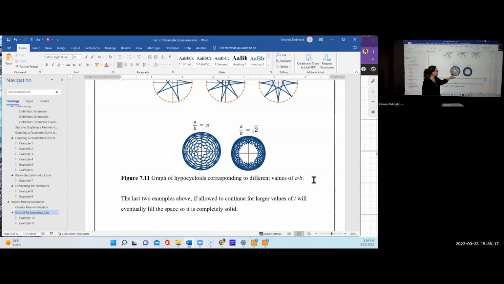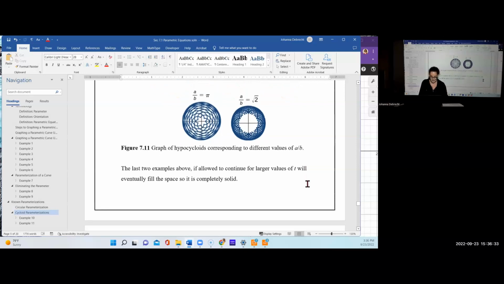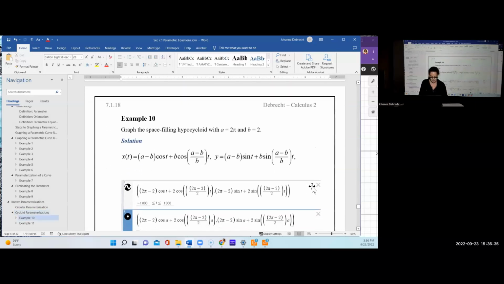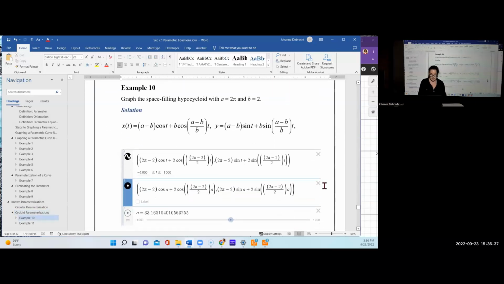So this is stopping at some particular part on the way through. This one is not going to fill in the inner space, but it's going to fill in this outer space until it's a solid blue ring, called an annulus. If I allowed t to go to infinity, it's going to fill up those spaces so they look solid. So this one is a space-filling hypocycloid.